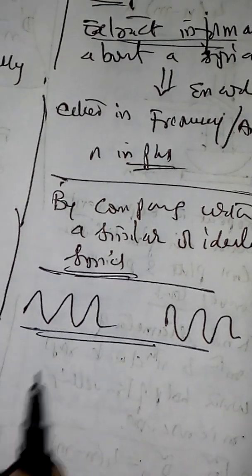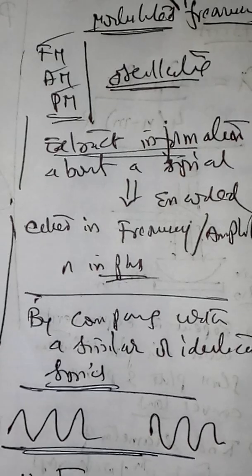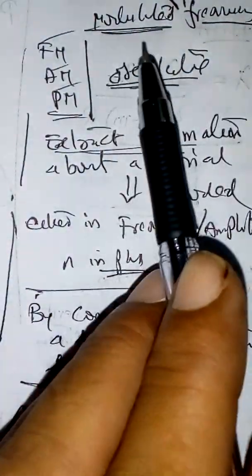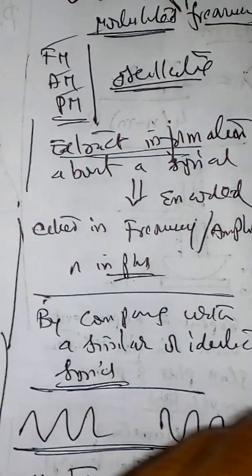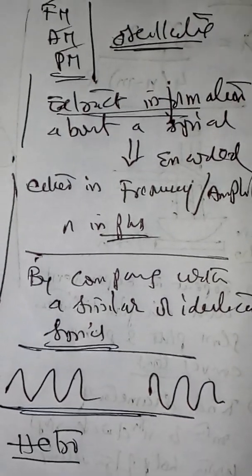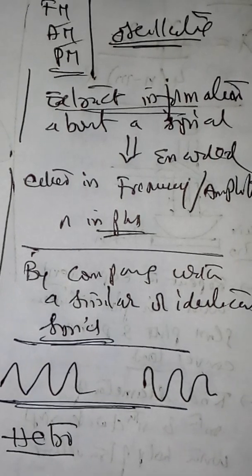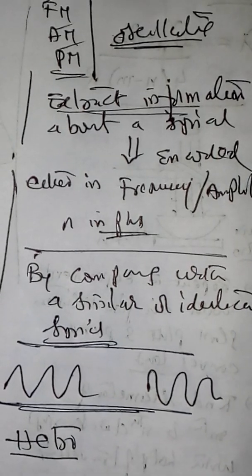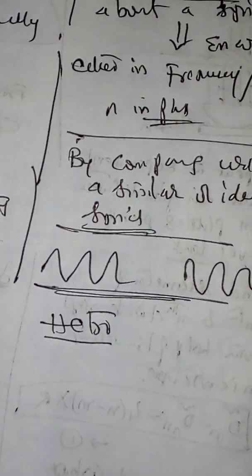Now let us see another term called hetero. Hetero means different. So we have to understand that homodyne is a concept of extracting information about an oscillating signal which is encoded in its modulation of frequency or amplitude by comparing with a similar identical oscillating signal. That is homodyne.